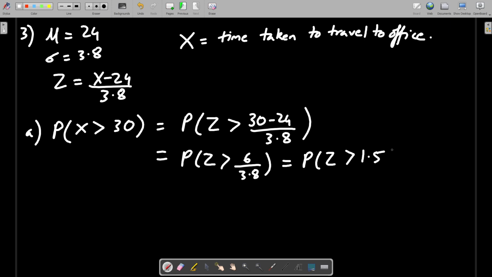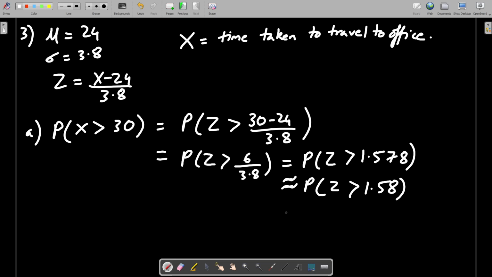Yes, 6 divided by 3.8 is 1.578, no? So this will round up to 1.58. So this is approximately equal to probability of z greater than 1.58.